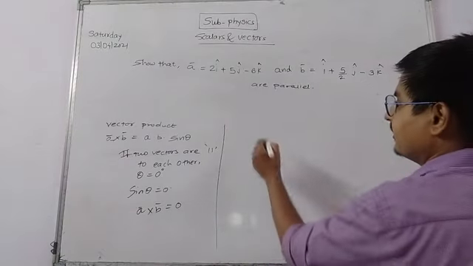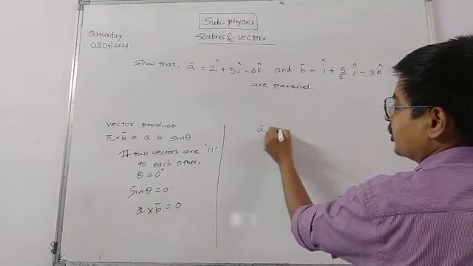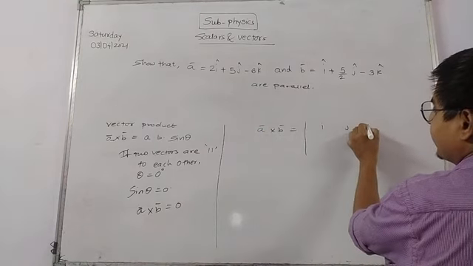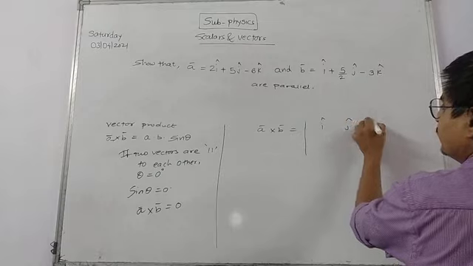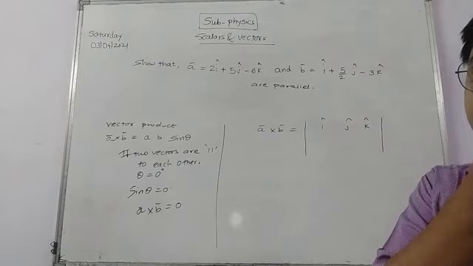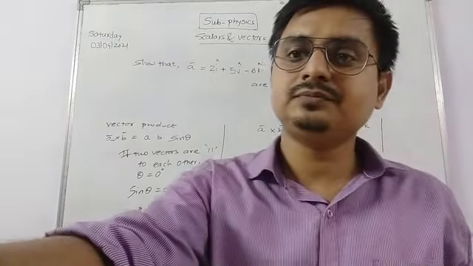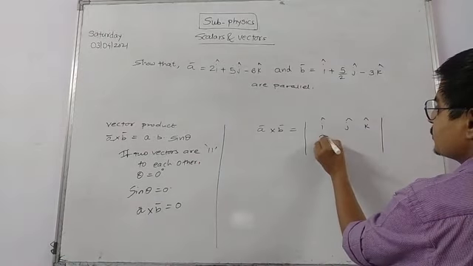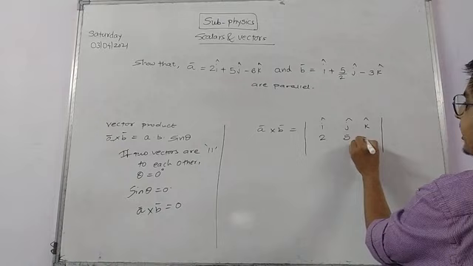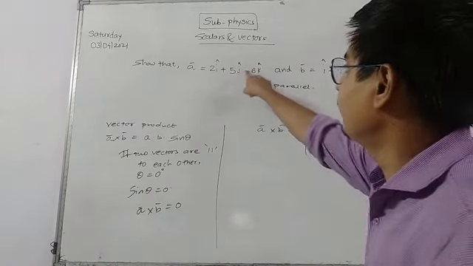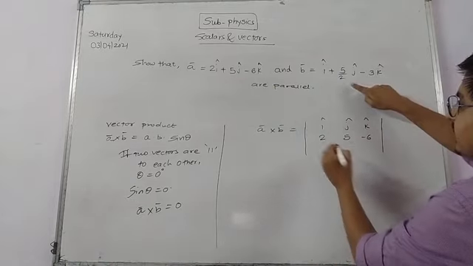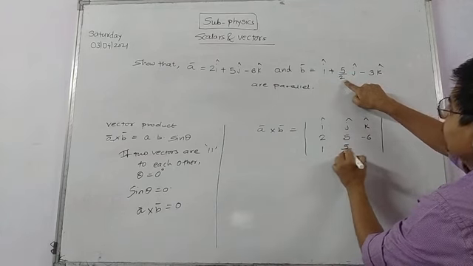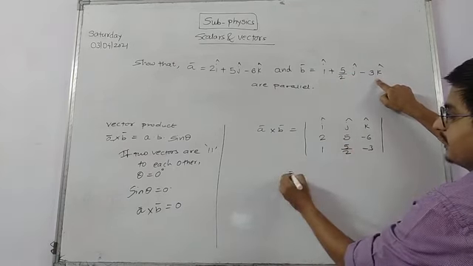तो क्या कर देंगे, first of all a bar cross b bar के लिए तरीका है i j k. आप इस तरह से इन तीनों को लिखोगे, unit vector along x y z axis. Okay, here you will write 2 5 minus 6, and here the coefficients are 1, 5 by 2, and it's minus 3.